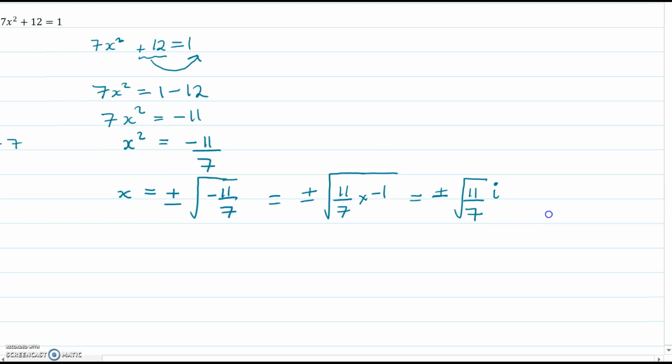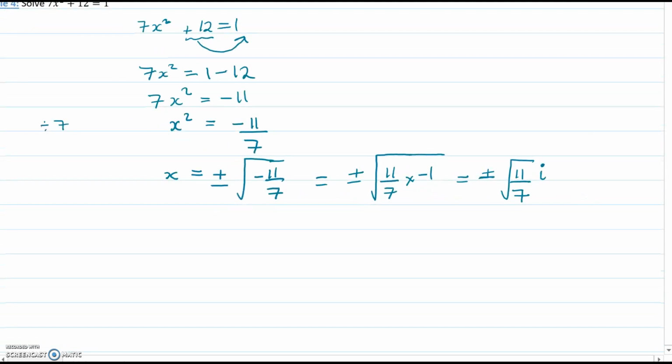Now, it's common for people to request that you don't leave a radical on the bottom. So write this as plus or minus the square root of 11 over the square root of 7 times i. And if we want to get rid of the square root in the bottom, just multiply top and bottom by the square root of the bottom.